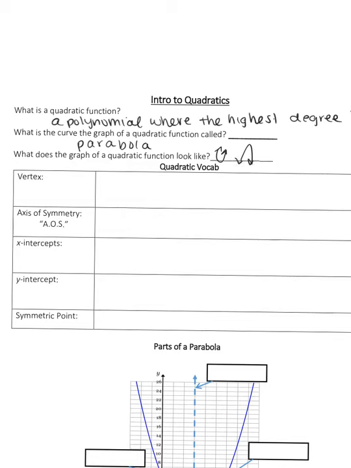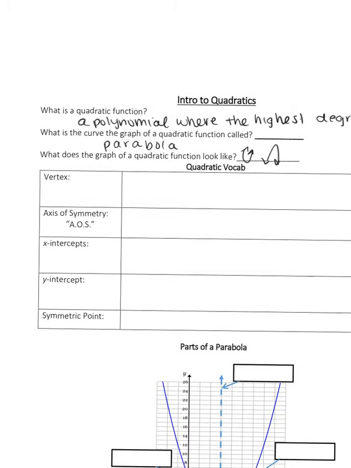All right, so then we're going to go ahead and define some things, okay? So the first thing we're going to define is a vertex. A vertex is the turning point of the parabola, okay? So I will show you. This would be our vertex, or this would be our vertex.